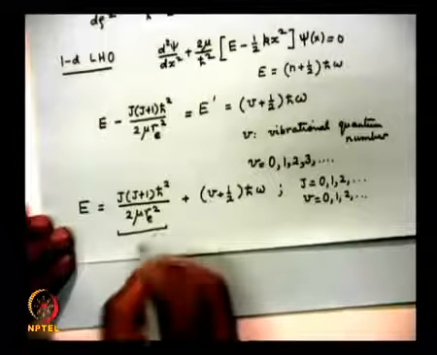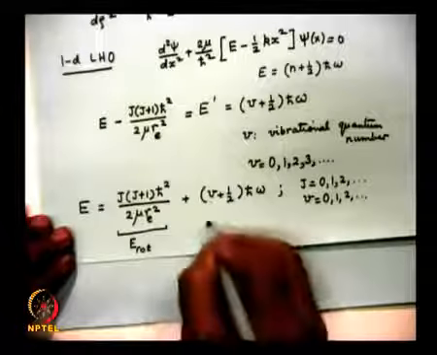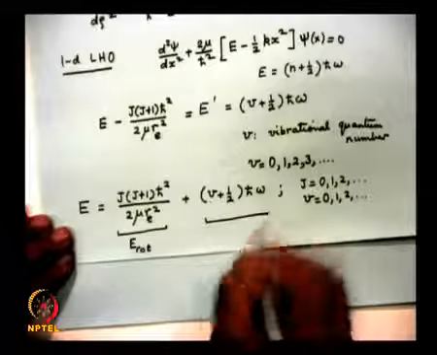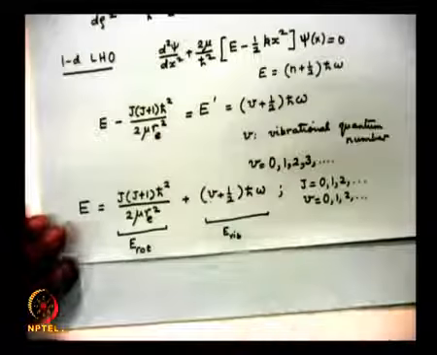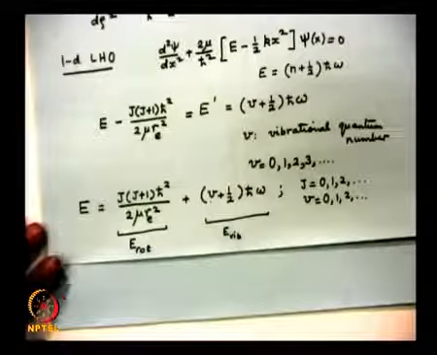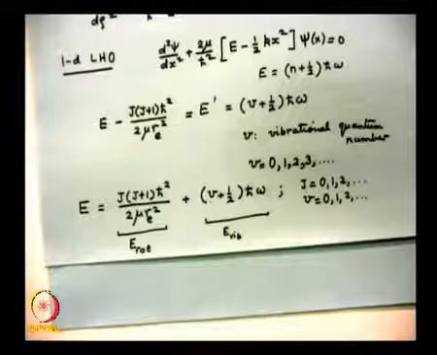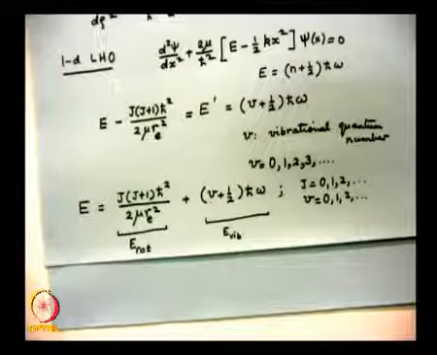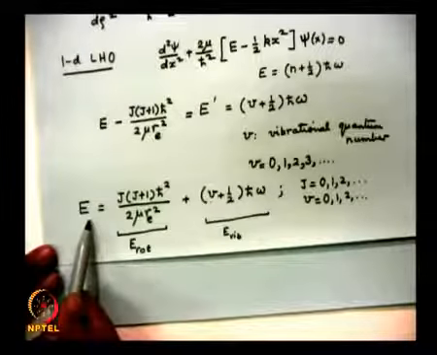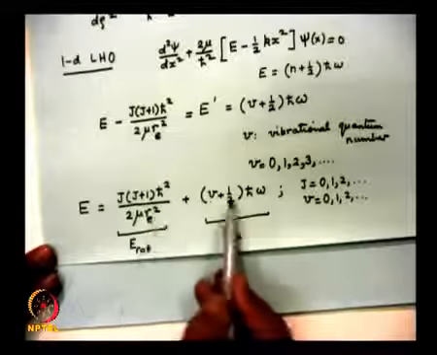Some books write this as E rotational energy and this as the vibrational energy, E rot and E vib. This is a very important expression that we have derived: the energy of a diatomic molecule consists of a rotational part and a vibrational part.